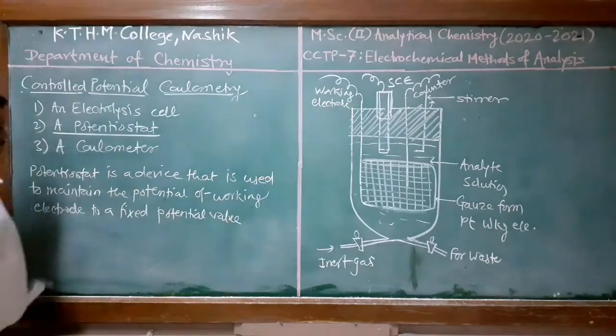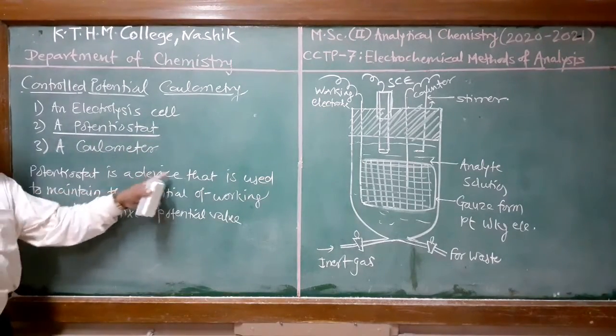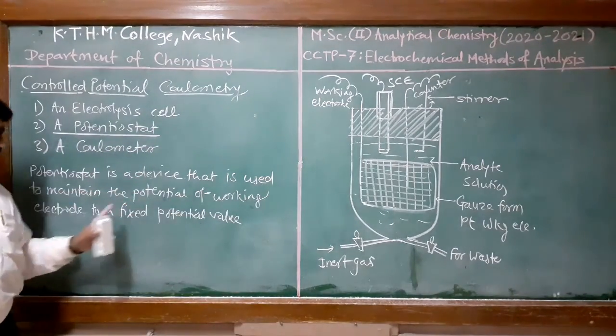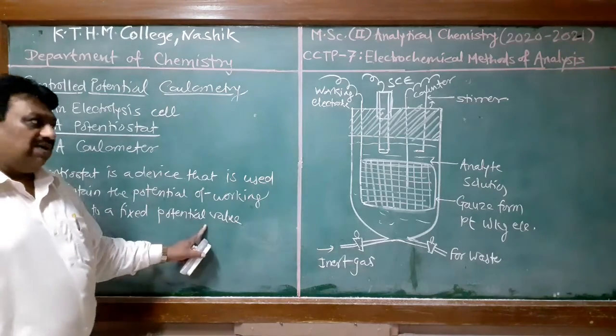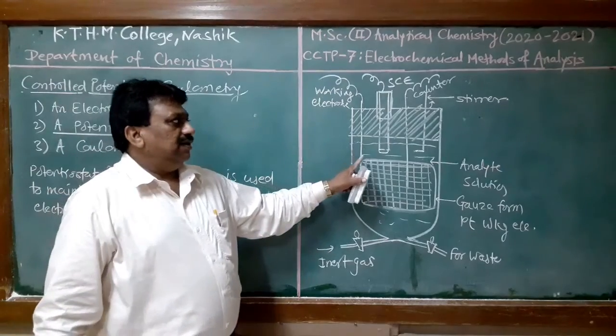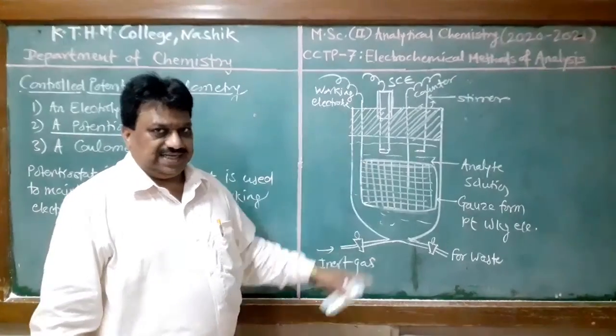Therefore, here the potentiostat is a device that is used to maintain the potential of the working electrode at a fixed potential value, and this is a requirement in a controlled potential coulometric assay.